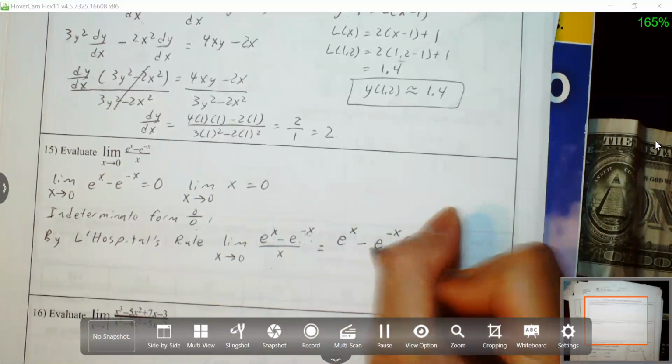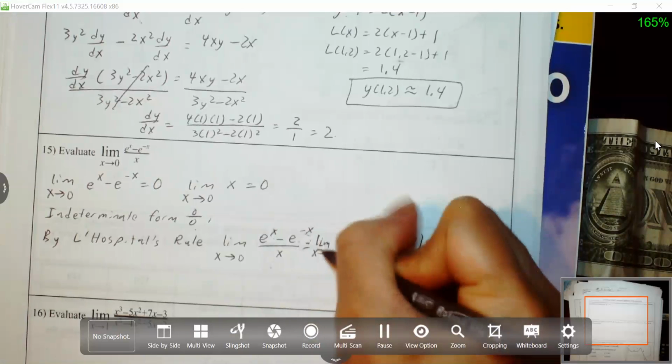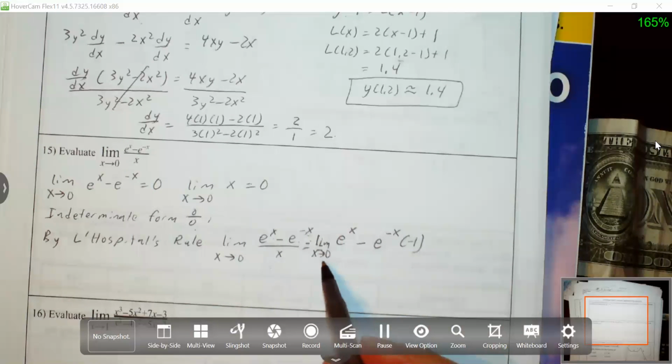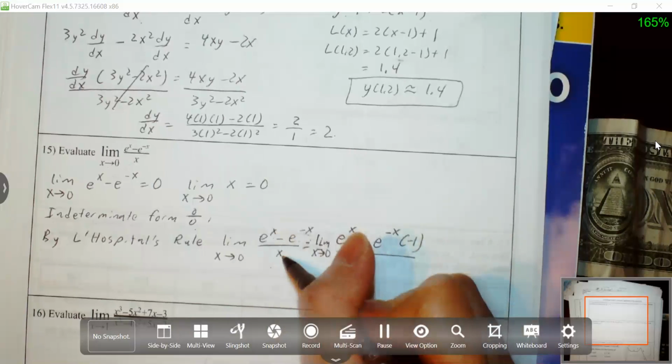Whoops, I forgot to put is equal to the limit here. Yes, you need to include the limit here. If you don't, you'll be marked off. Over the derivative of x, which is 1.